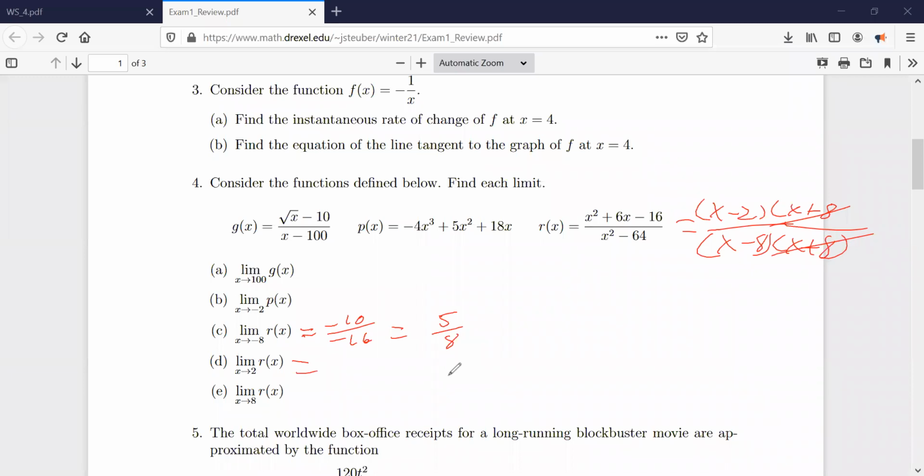Yes. Cool. Then this next one here, it's defined on top and bottom, so it's continuous at the point 2. This is also going to define the limit everywhere, so I can just plug in the value. And guess what? I get 0 on the top and something that's not 0 on the bottom. So I get 0. And then here, I would get a positive number on the top and 0 on the bottom.